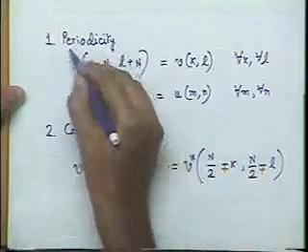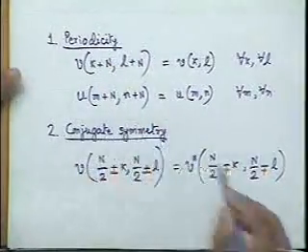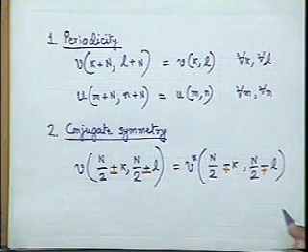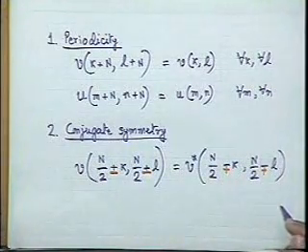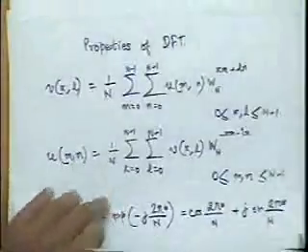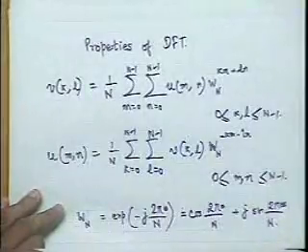The first one was periodicity, the second property is the conjugate symmetry. This you can verify from the original expressions itself.